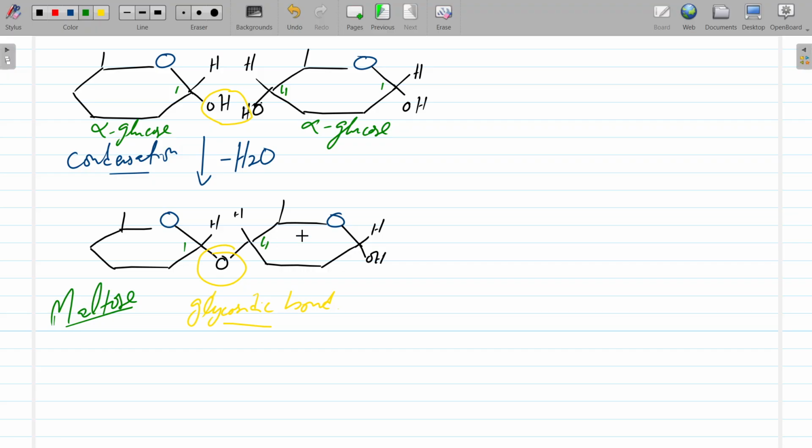You can see I've not bothered with any of the other functional groups at this point because I just wanted to highlight the glycosidic bond and where it's coming from. Otherwise, you've got all the H and OH groups with each carbon, and then the CH2OH up here with carbon number 6.